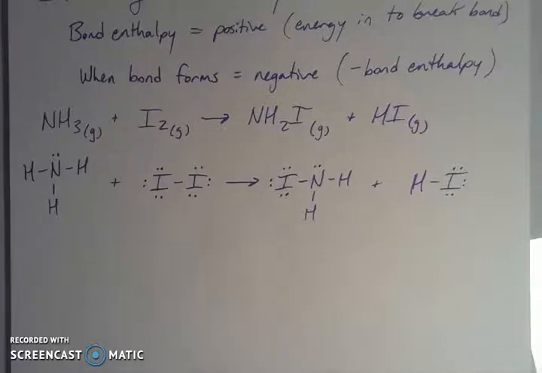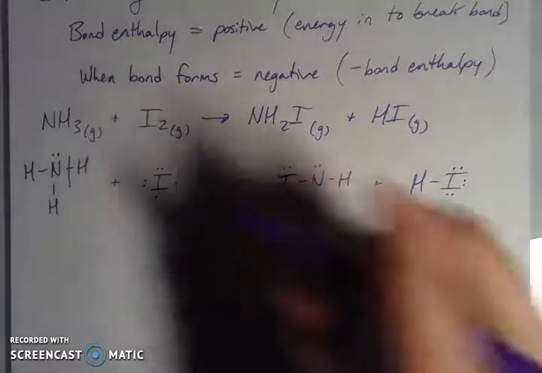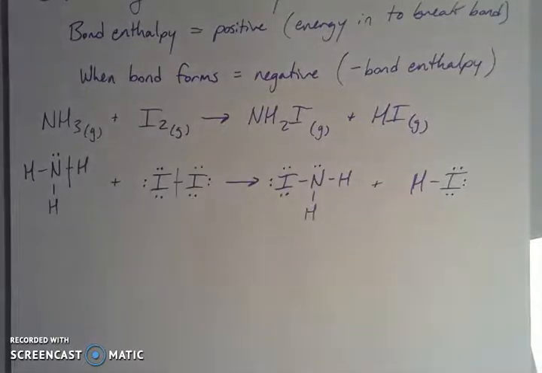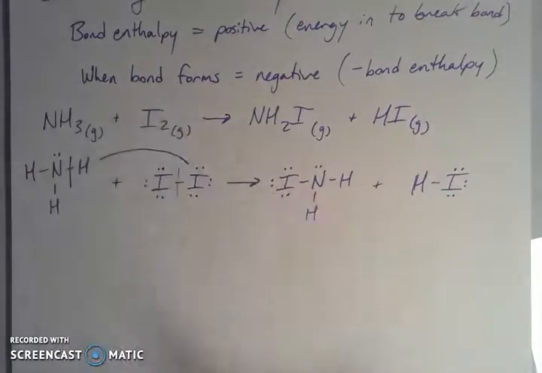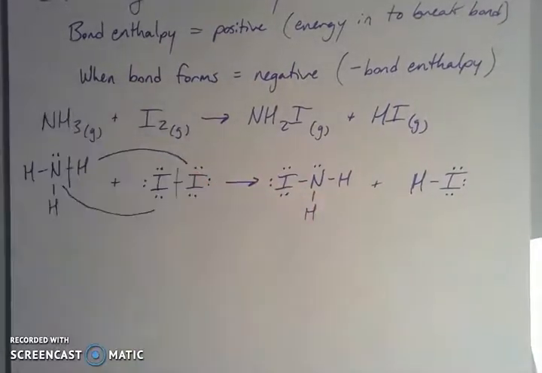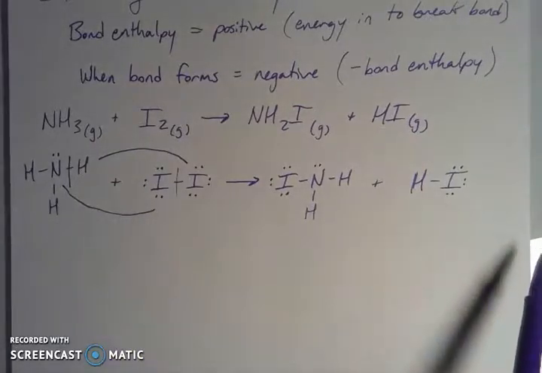I start off by saying, well, I'm going to be breaking these bonds, right? Specifically one of them. And I'm going to be breaking this bond. And then these guys are going to join up. And these guys are going to join up, right? That's kind of what's happening going from my reactant side to my product side.